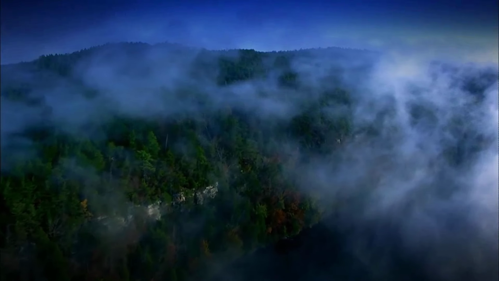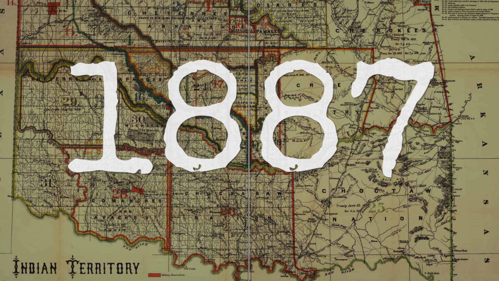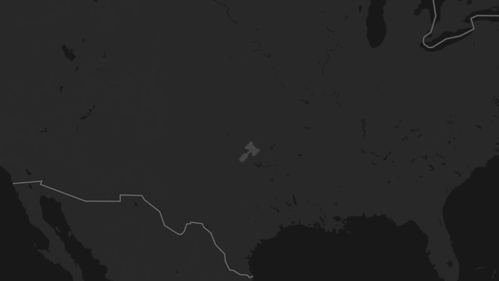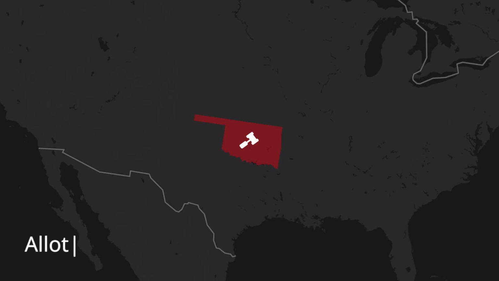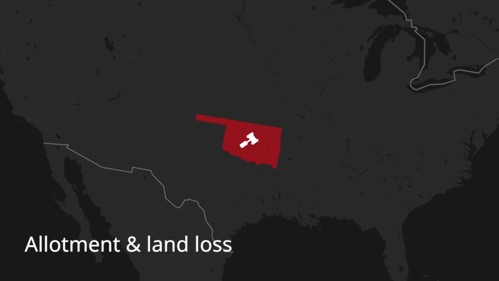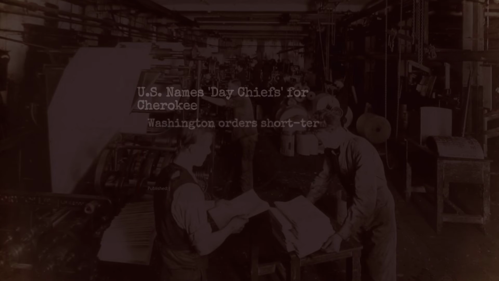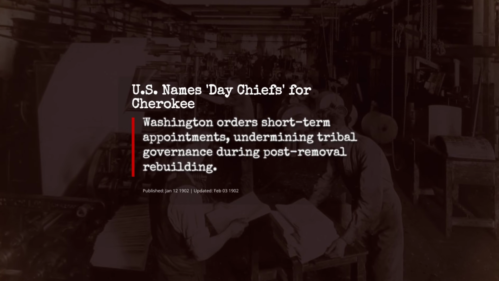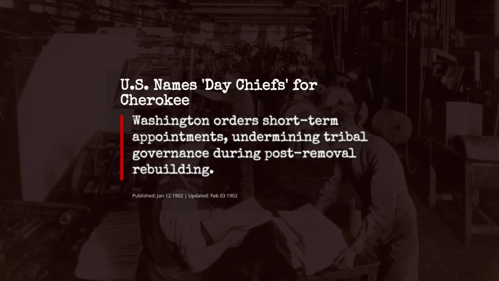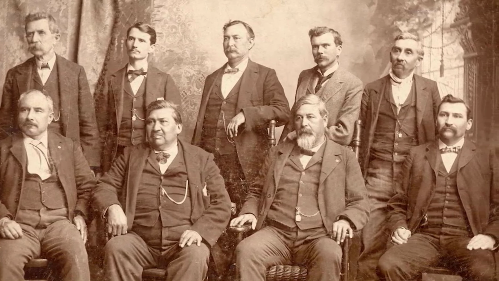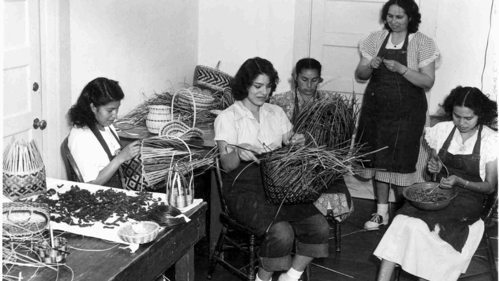But new threats followed. The Dawes Act of 1887 broke up communal land, assigning parcels to individuals and opening surplus land to outsiders. By the early 1900s, federal officials installed chiefs for a day, undermining real self-government. Yet the Cherokee persisted.